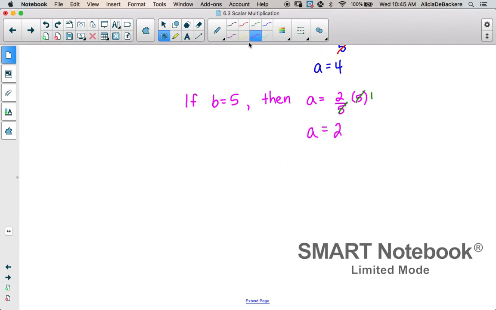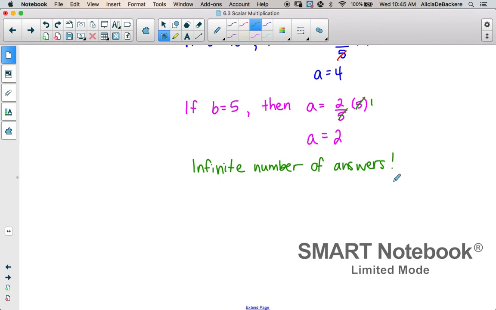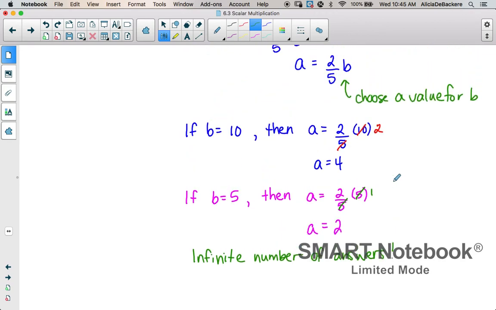And so you can see that there are actually an infinite number of answers. But we were just asked for 1, so I'm just going to say, therefore, a equals 4 and b equals 10 satisfies the equation.